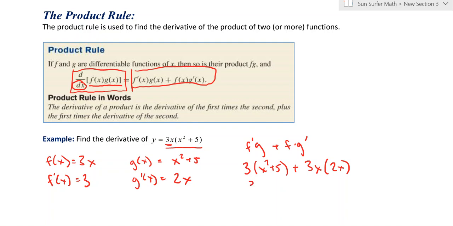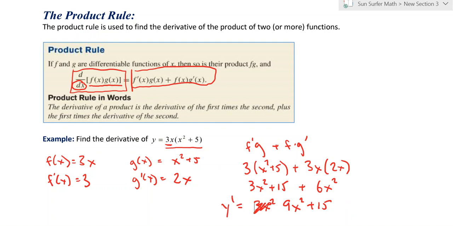So we have 3x squared plus 15 plus 6x squared. And then let's just put that in a little better order. 3x squared plus 6x squared would be 9x squared plus 15. And that would be the derivative of y. So that is y prime.